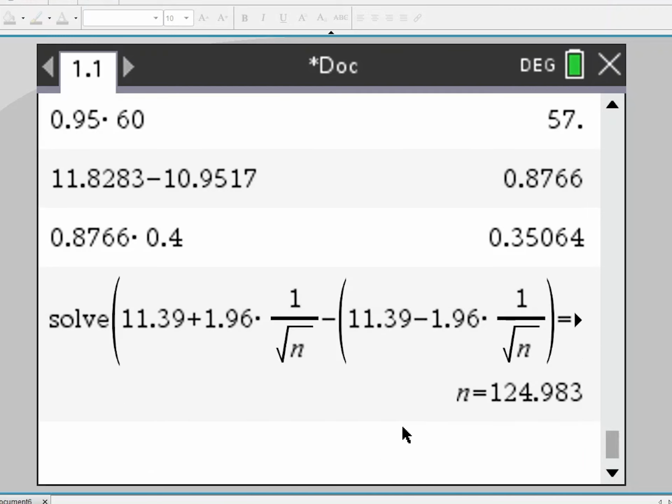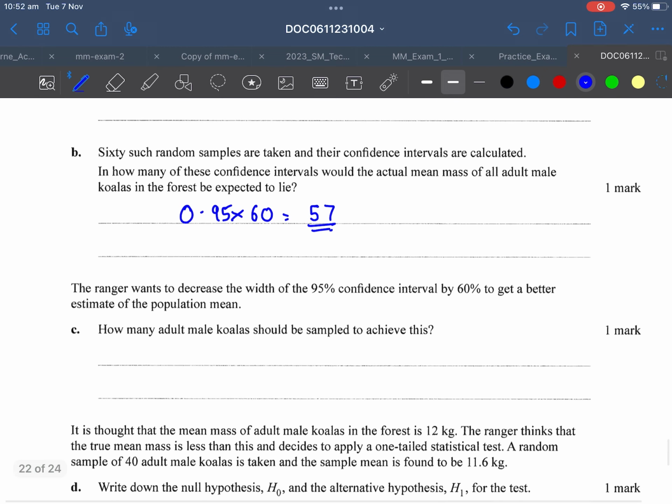And okay, so n is going to be 124.9, which is going to be 125.